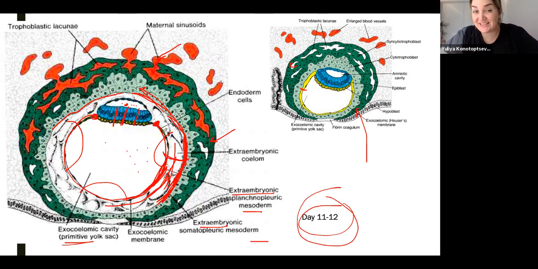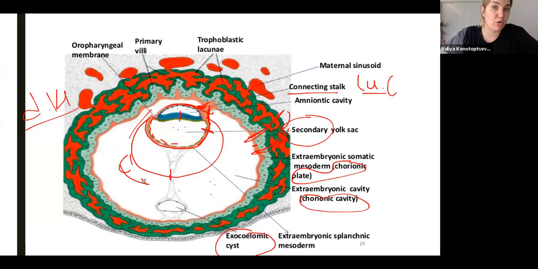The part which is lining the yolk sac is known as the extraembryonic splanchnopleuric mesoderm. The part of the membrane which is lining the cytotrophoblast, so this area, is known as the extraembryonic somatopleuric mesoderm. The spaces between these two mesoderms are going to fuse and form a cavity. How do we call this cavity? We call it the chorionic cavity.